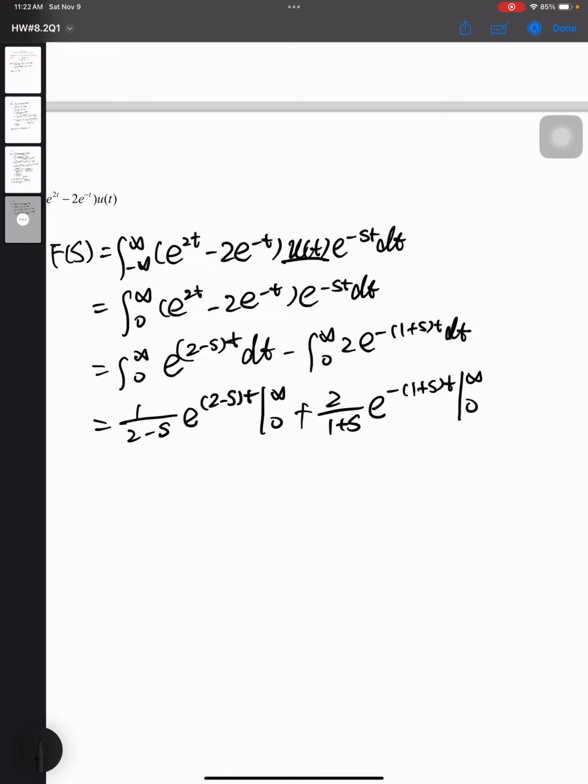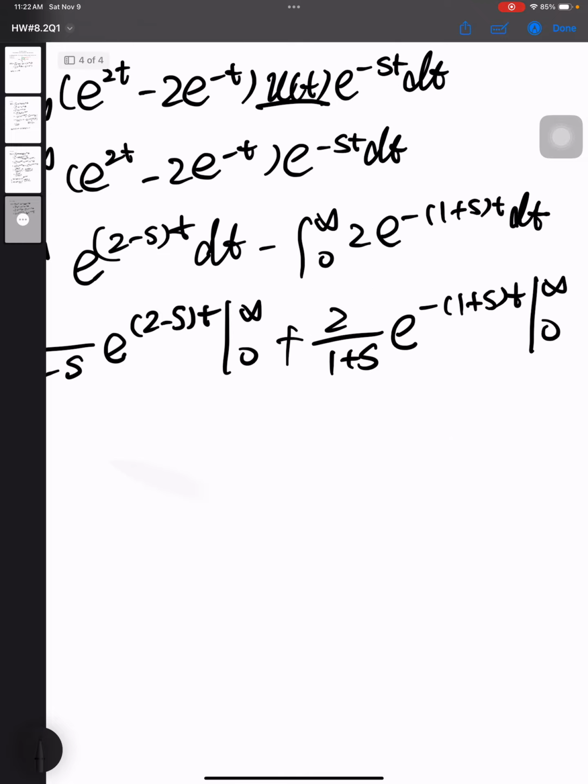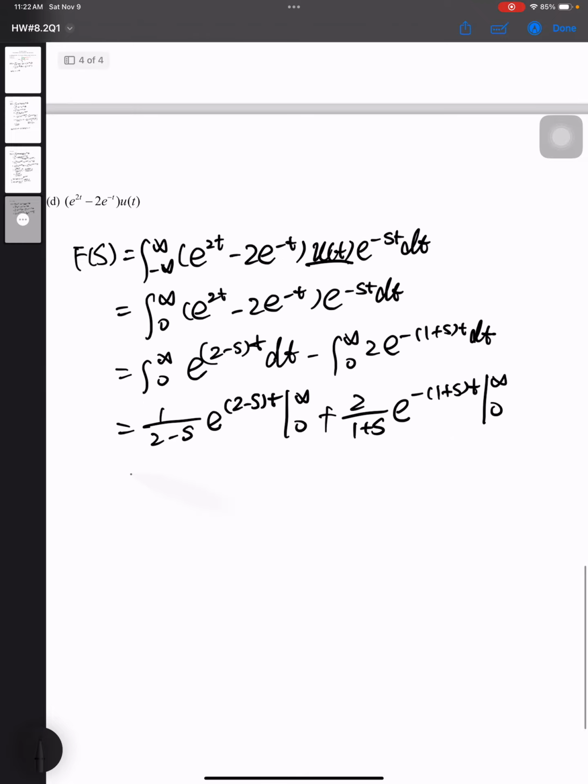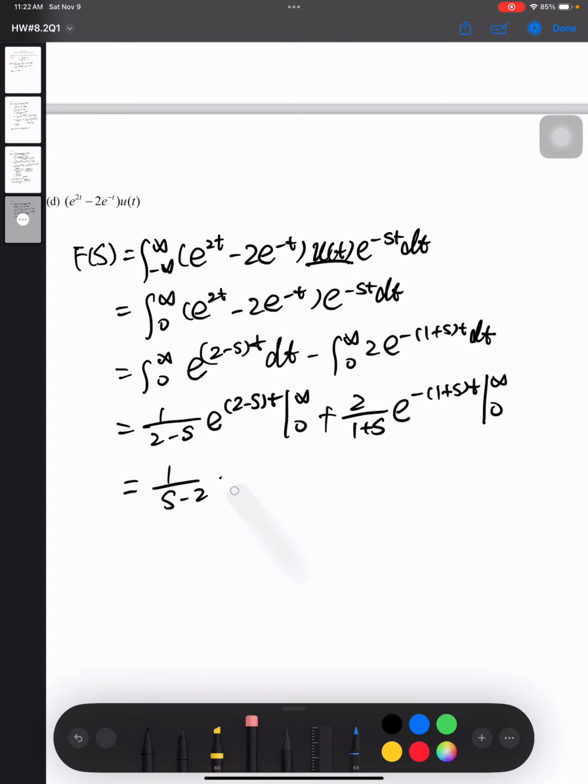To make sure it converges, the final integration result is 1 over (s-2) minus 2 over (s+1).